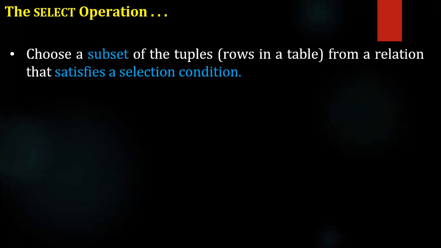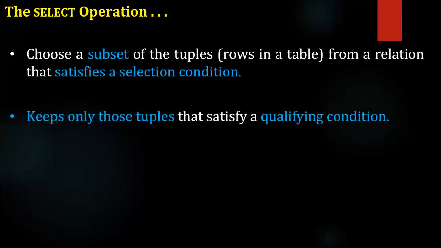Now with the help of the select operation, we retrieve a subset of the tuples, or a subset of rows, in a table. And which rows should be selected? The rows or tuples which satisfy the selection condition will be retrieved with the help of the select operation.